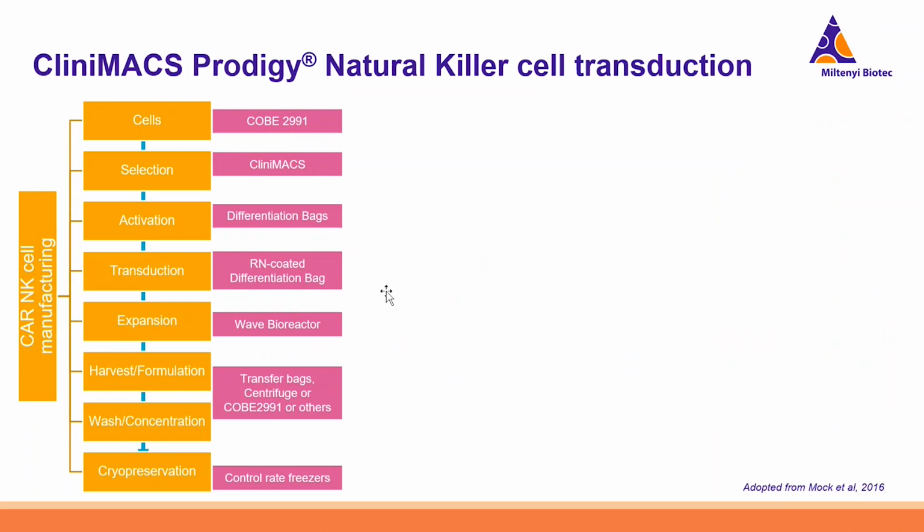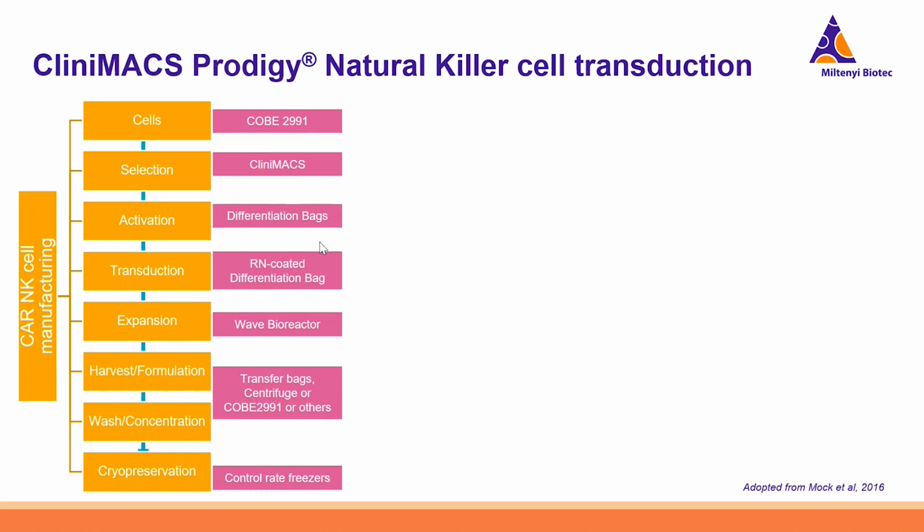I don't want to spend so much time, but whenever you translate your research into the clinic, it is a complicated process in which the cells have to go through different steps. And all these different steps need to be done normally in a manual setting, requiring quite a lot of equipment. And also these open steps are a risk because you can contaminate your cells.